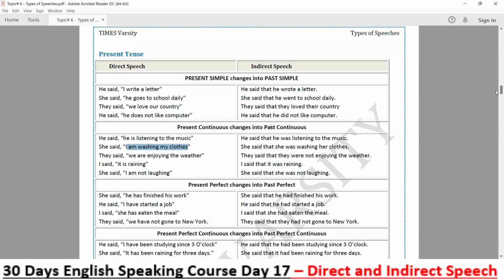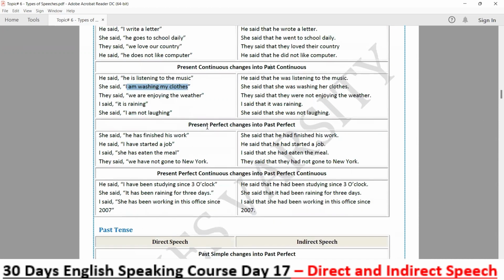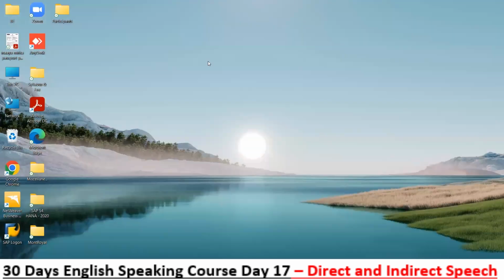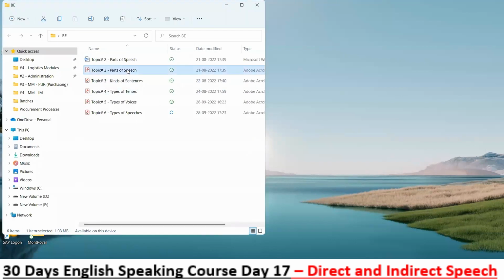Okay. So similarly, if direct speech is in present perfect, then it changes to past perfect. No, "her" is actually a pronoun, right? Yes. So she, then her. Look at the list of pronouns we have in our parts of speech.